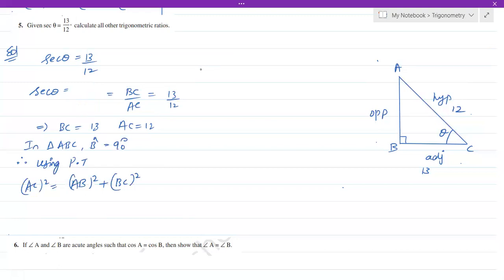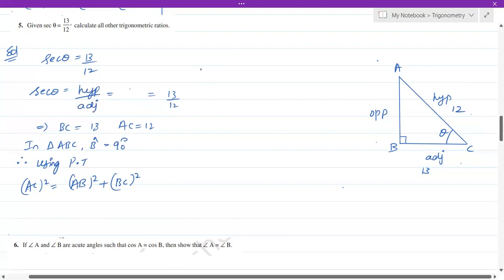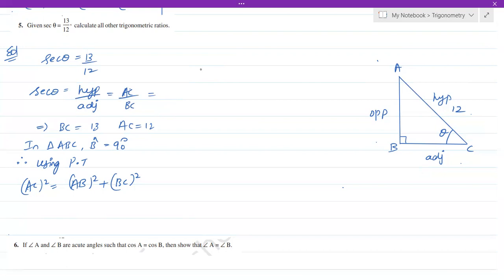Cos theta is adjacent by hypotenuse. Secant theta is hypotenuse by adjacent. That will become AC by BC. Here they've given it as 13 by 12. Therefore, AC becomes 13 and BC becomes 12.